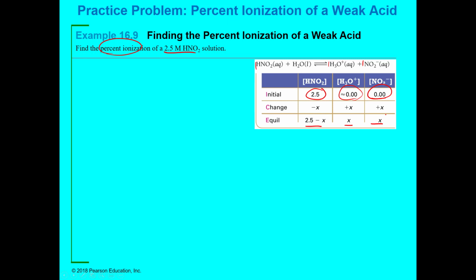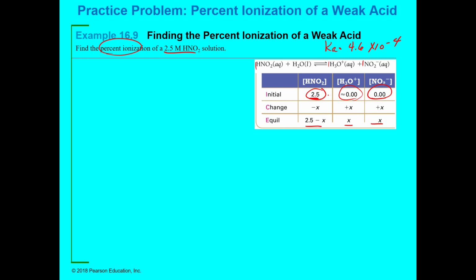And if you look up the Ka for this, 4.6 times 10 to the minus 4. Okay, and we're going to call that small so that we can use approximation in this one. And it is small compared to 2.5, okay? 0.0004 is very small compared to 2.5.